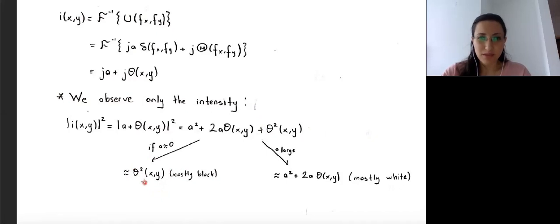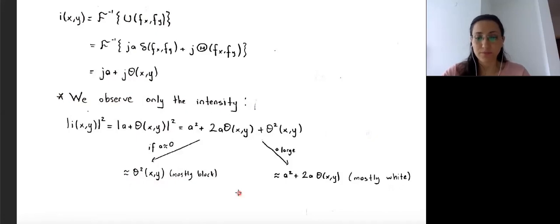And because the phase is generally very small, these phase contrast microscopy images that work with a small a parameter will mostly look like black images, okay? There will be very small intensity values in these images.